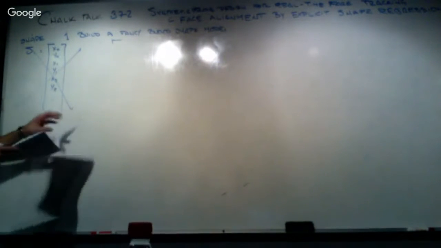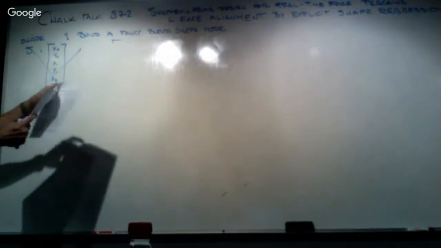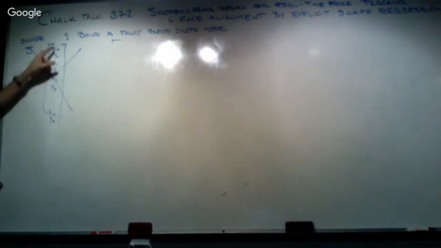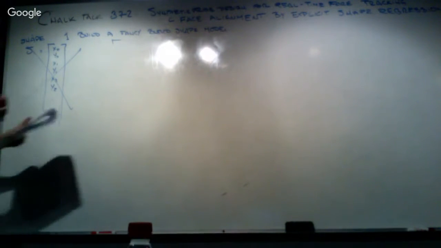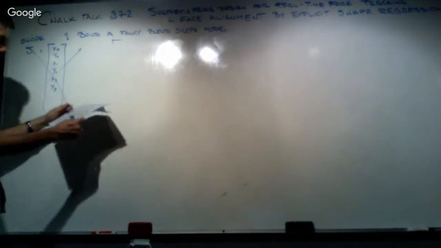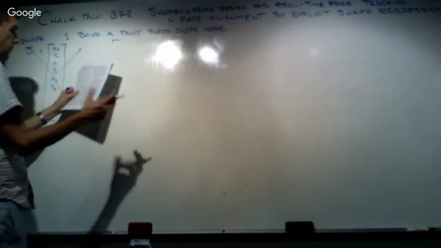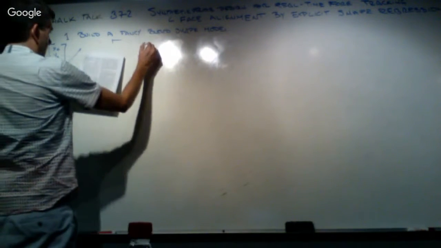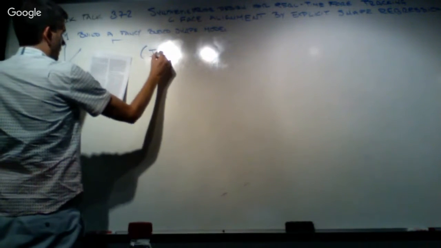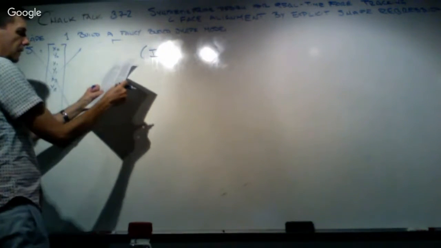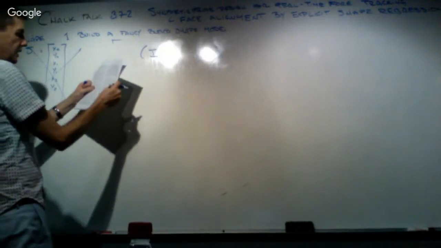So instead of representing our shape as 2D locations in the image, we're actually going to represent our shape as we're going to have the same thing, the face model, state S.